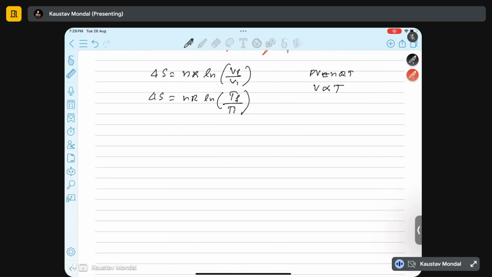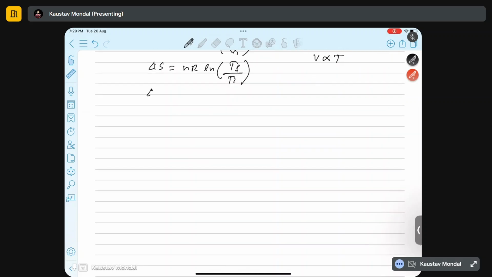So in that case delta S should be NR ln, TF is 600 Kelvin, TI is 300. So this gives us NR ln 2. So ln 2 you already know is 0.693, something like that. So R is 8.314 and 0.693.